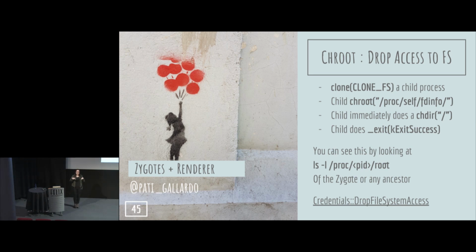This is a directory that is specific to the child process. And right after, it will do cd slash. So now both the parent and the child have as their current working directory this child-specific directory, which is /proc/self/fdinfo. But then immediately after that, the child will exit. This means that now the parent process has been chrooted to a directory that no longer exists. And suddenly you have a process that no longer can access the file system.